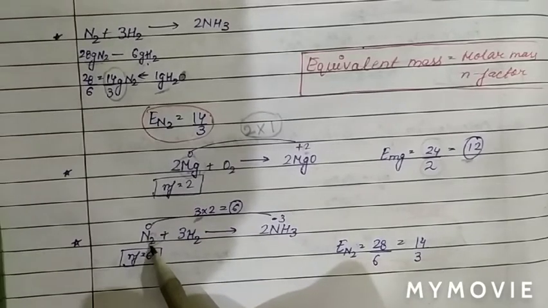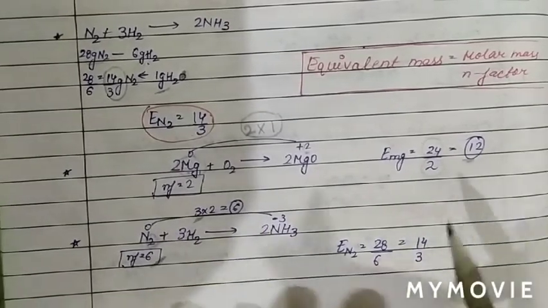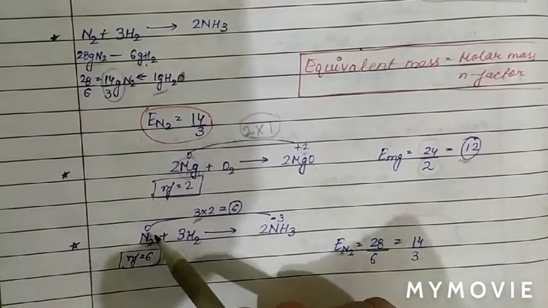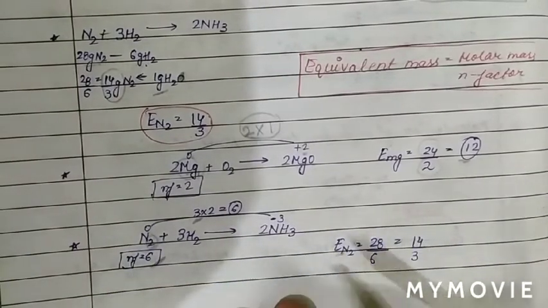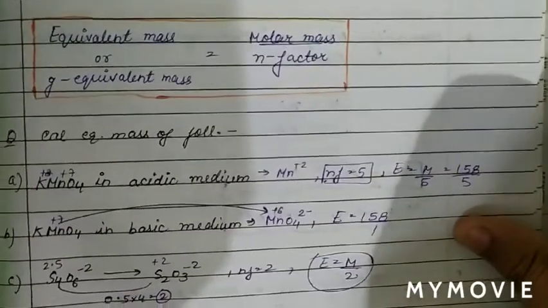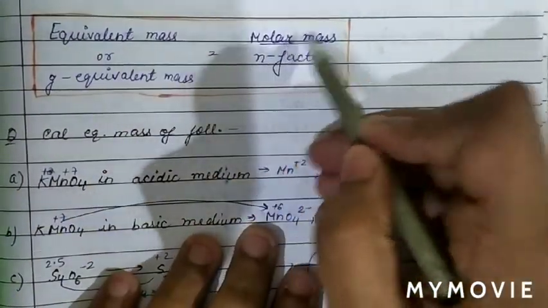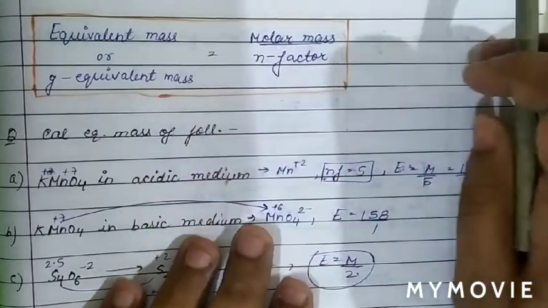As there are 2 nitrogen atoms, so 3 into 2 equal to 6. N factor is 6. So we can say equivalent mass is molecular mass of nitrogen 28 divided by N factor. So it is also 14/3. So basically equivalent mass is molar mass divided by N factor.